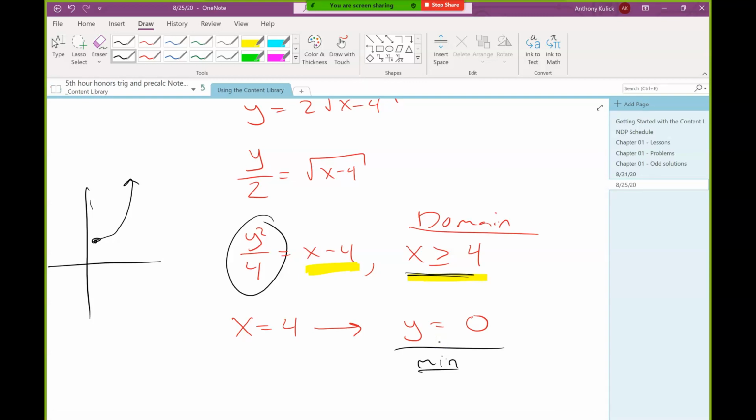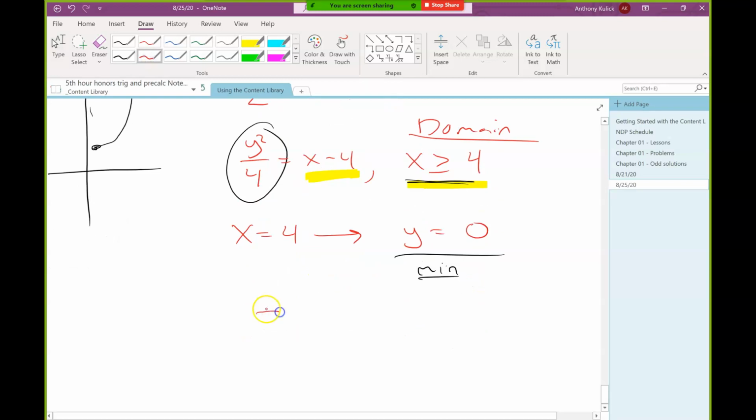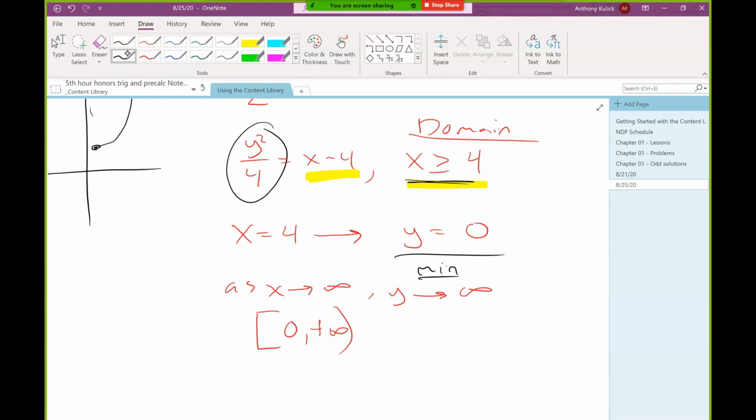And because our x's can keep getting bigger and bigger, so will our y's with the rearrangement we've done. So basically I know as x goes to infinity, y goes to infinity. And I can say, okay, well, we're just going 0 to positive infinity. And that's a perfectly reasonable way to approach it.